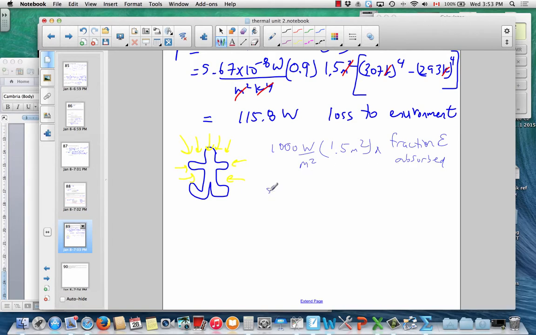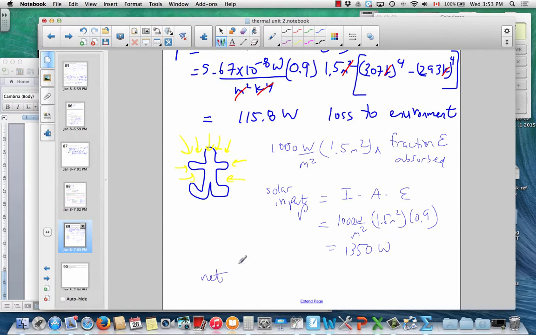So the solar input power then is the solar intensity times the area times the fraction that's absorbed. It's 1,000 watts per square meter times 1.5 meters squared times the 0.9. And that is, let's see, 1350 watts.